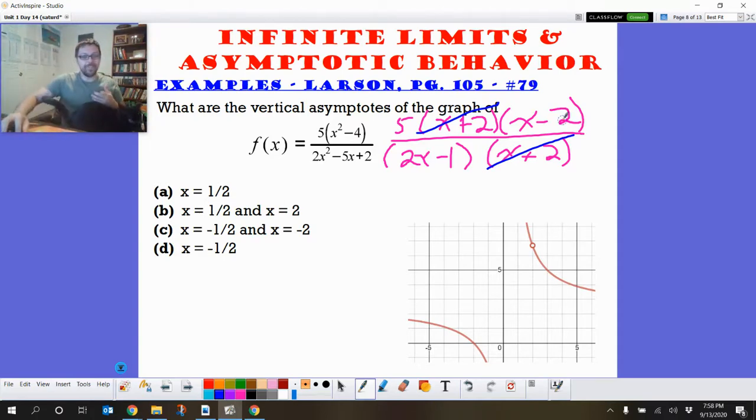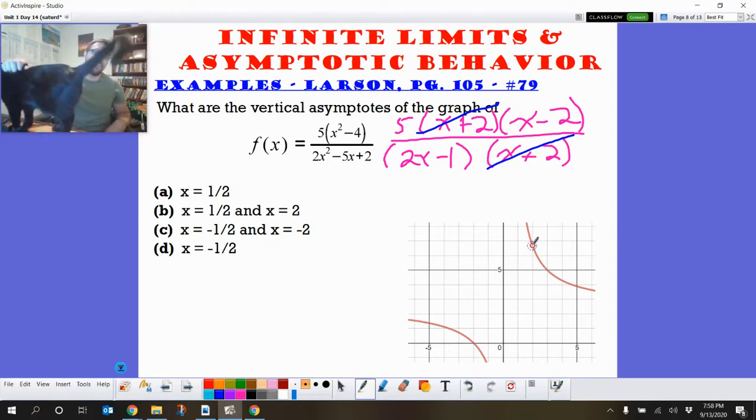Since those cancel out, we end up with just a hole in the graph rather than a vertical asymptote. However, that 2x minus 1, that one is giving us a vertical asymptote because it doesn't cancel out. And since it doesn't cancel out, we have a vertical asymptote there.